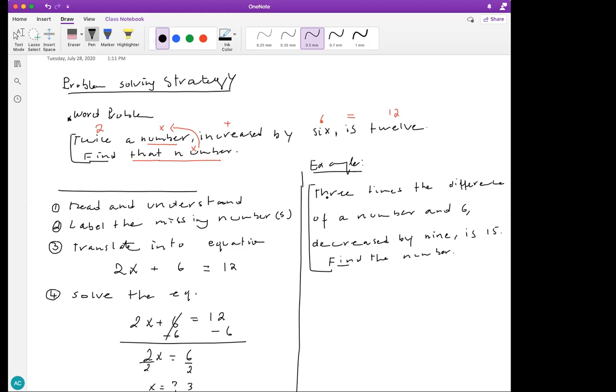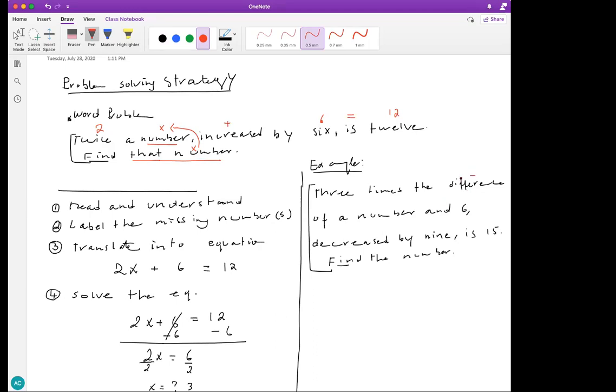So again, make sure you go over each word. So 3 times the difference. What do we mean by the difference? What operation is that? What do you do to find the difference of 2 numbers? So when you say difference, subtraction?